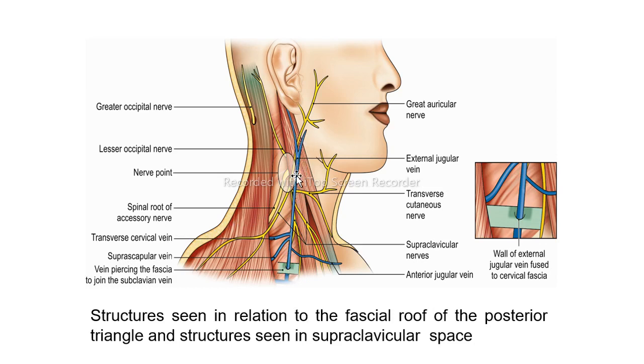The external jugular vein runs over the sternocleidomastoid muscle. Then in the lower part of the triangle, it pierces the deep fascia and joins the subclavian vein. The wall of this external jugular vein is fused to the cervical fascia.